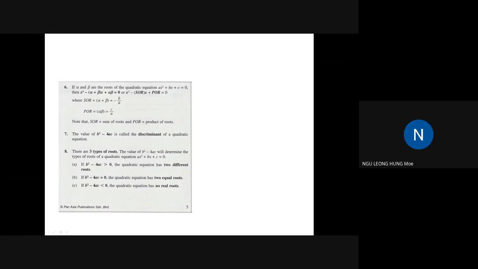Then completing the square, this one, if possible, you try out 1 until 2 times. How we get this formula. This one is what I mean just now.